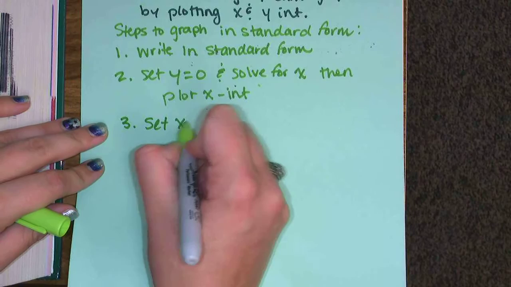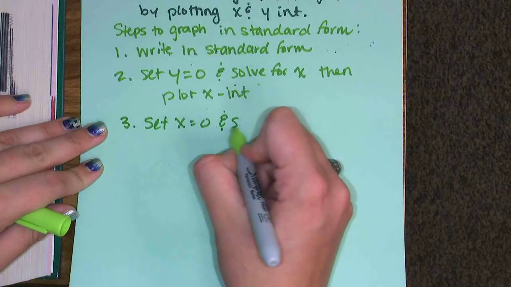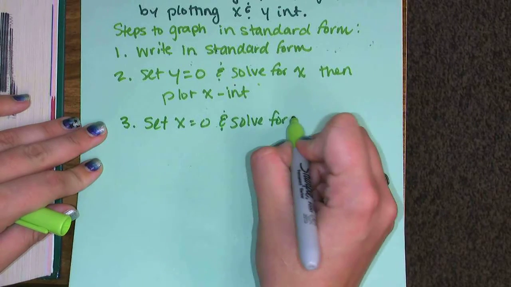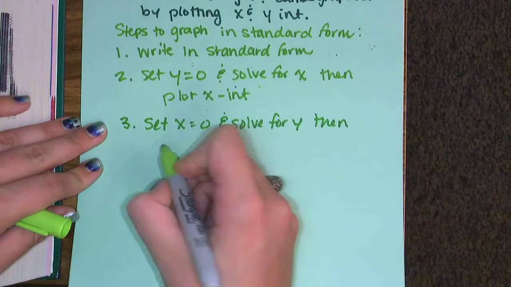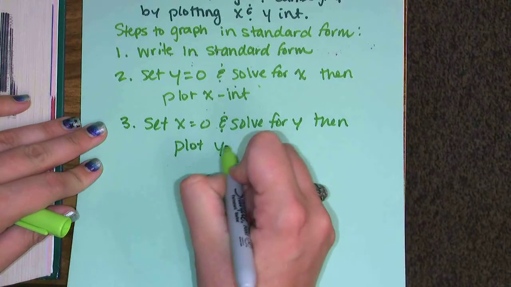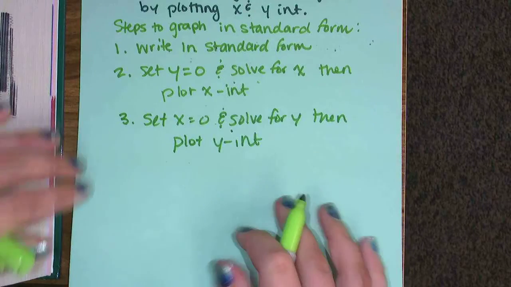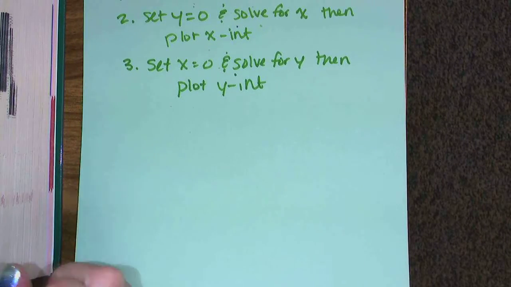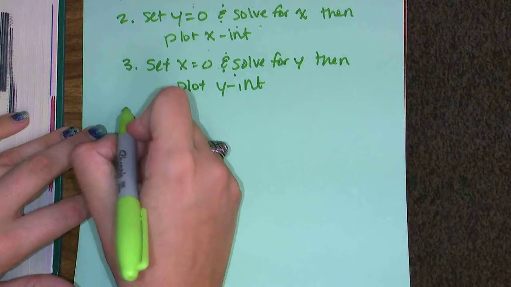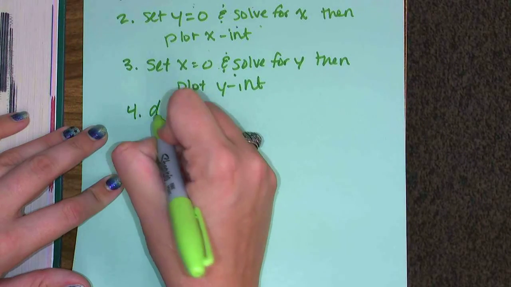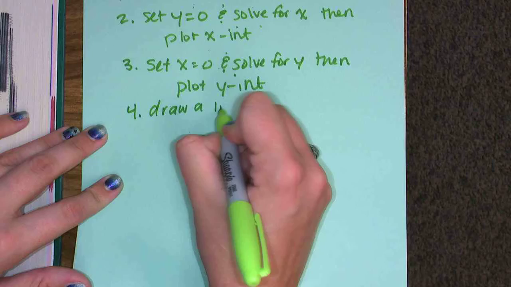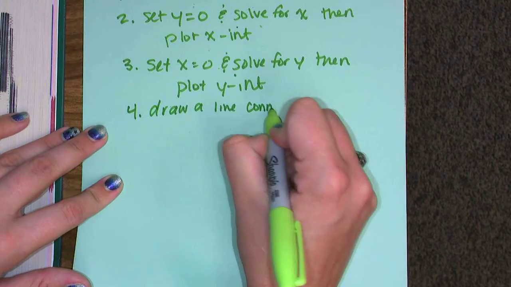Set x equal to 0 and solve for y. Then plot the y-intercept. And then lastly, on the steps, draw a line connecting the points.